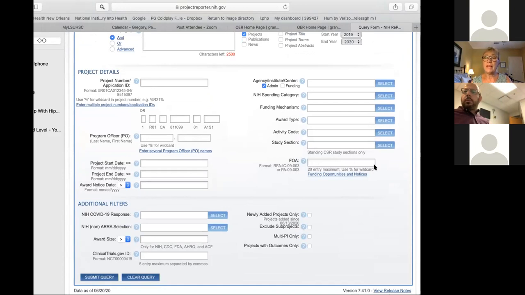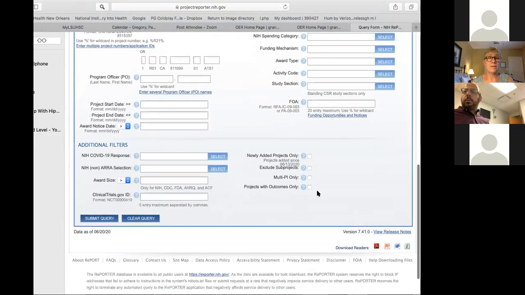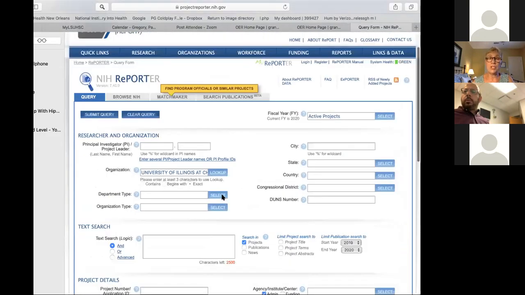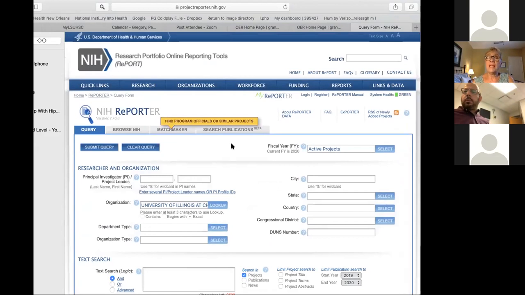You just type that in and it will tell you what has been funded. Okay? So this is a great place to start. Again, it gives you ideas of other institutes that might fund your research, of other funding mechanisms maybe you hadn't thought of, and of people who are maybe your neighbor who have grants that are kind of similar to what you're interested in.